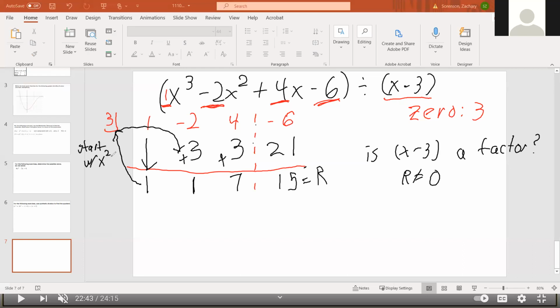It's 1 less power than what I started with. And so it's 1x squared plus, I go in descending order, 1x plus 7. And then my remainder is 15, so I do plus 15 divided by my original thing I was dividing by.